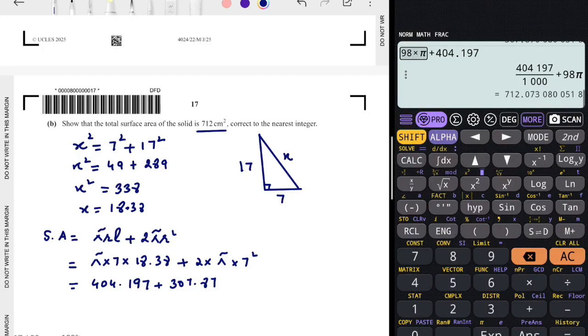So this becomes 712.073, and we have to write our answer correct to the nearest integer. So the final answer would be 712, and that is also shown.